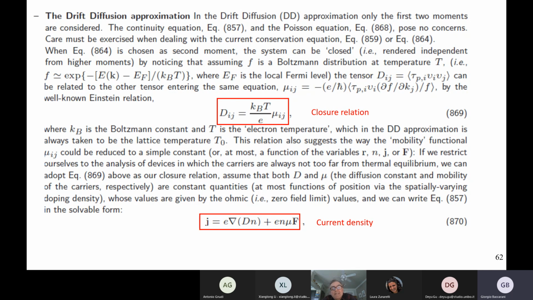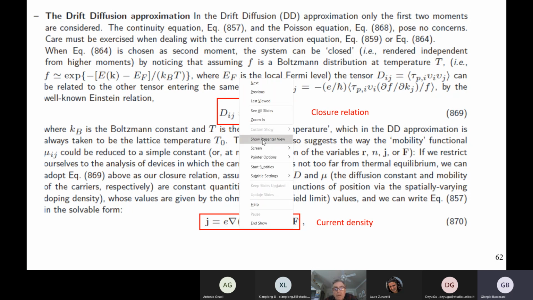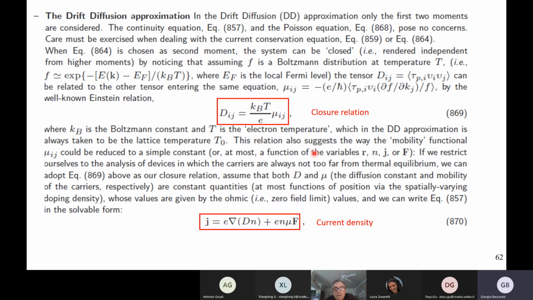So if you have, for example, a gradient in doping, you don't have to take the gradient of the mobility due to the variation of doping with position. So mobility should stay outside, and instead the temperature is inside the gradient operator.